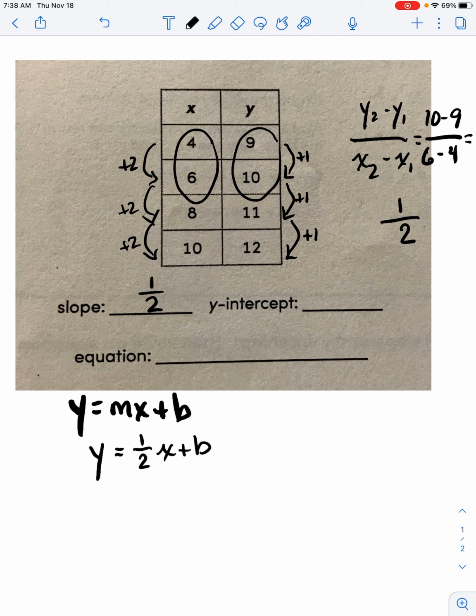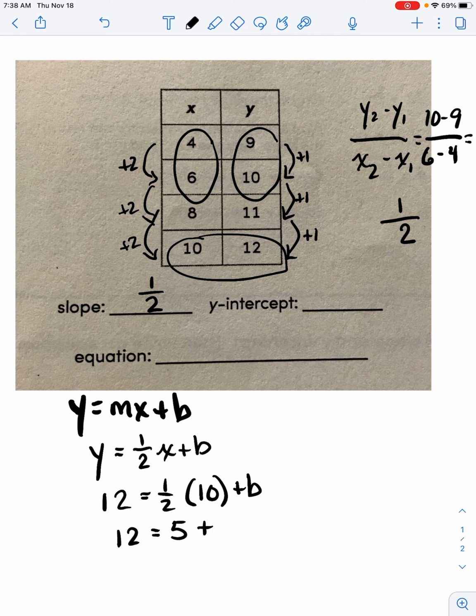Let me take a pair. Let's take 10 and 12 to plug into our equation. So y, which is 12, equals 1/2 times 10 plus b. 12 equals 1/2 of 10, which is 5, plus b.